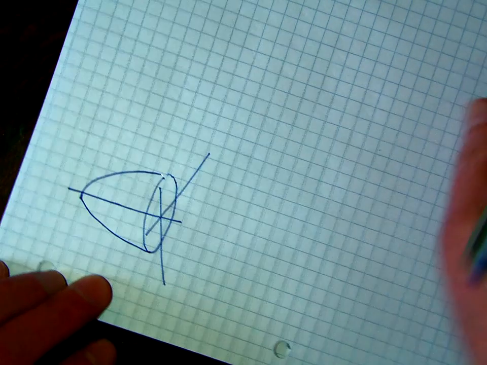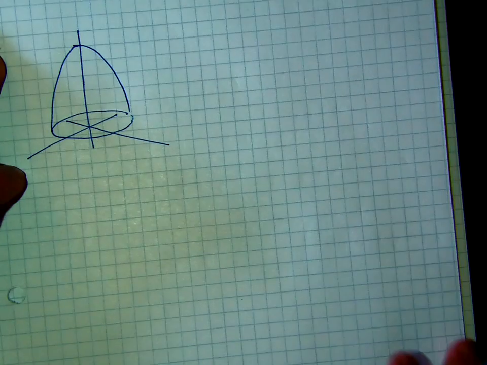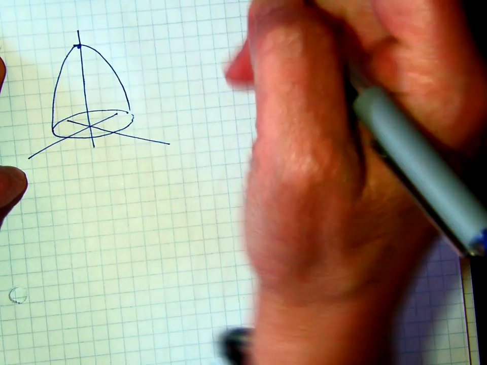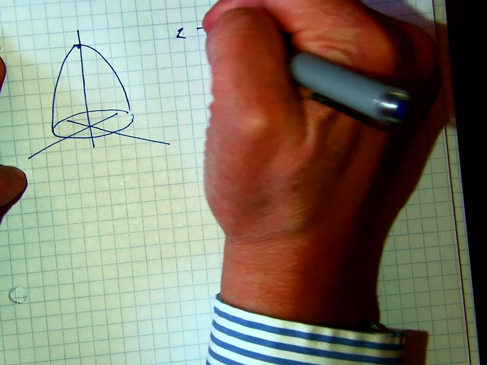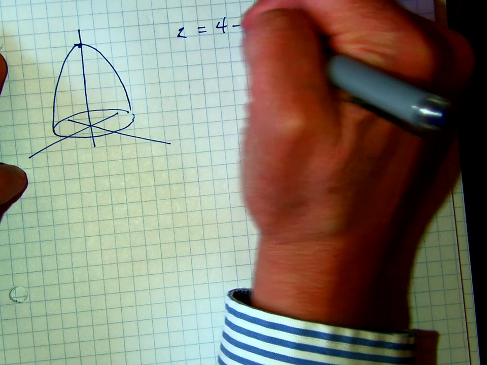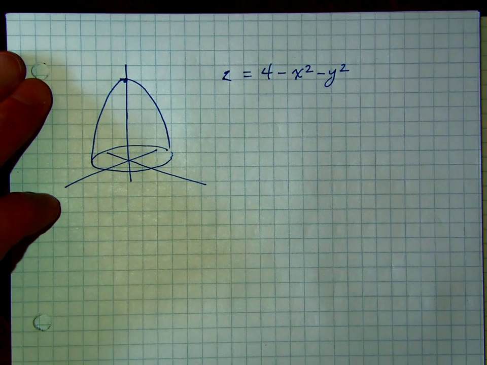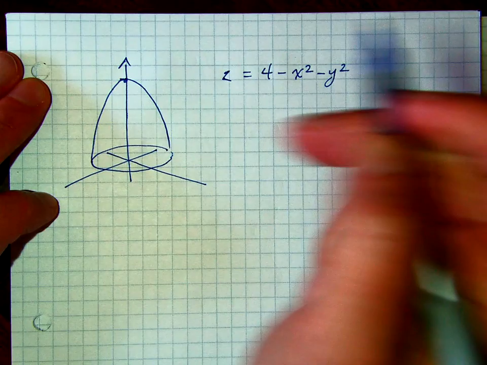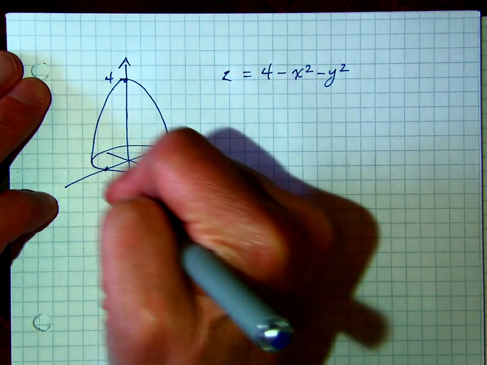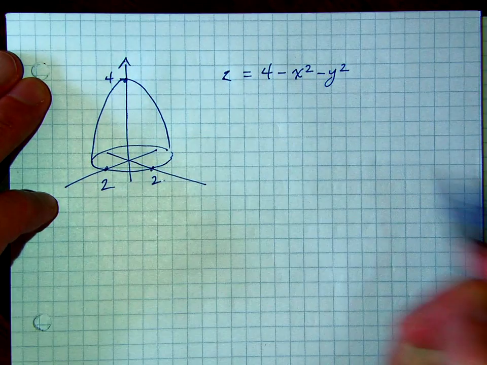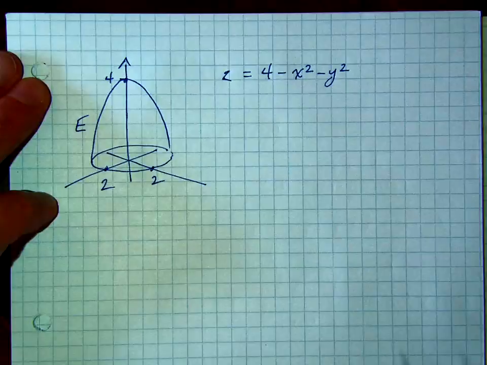So there's my region. Let me tell you a little bit more about it. My paraboloid is going to be 4 minus x squared minus y squared. Okay? So this will be 4. This will be 2. This will be 2. This is my region.